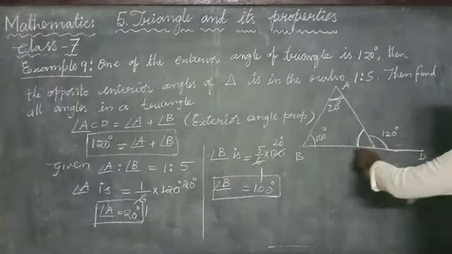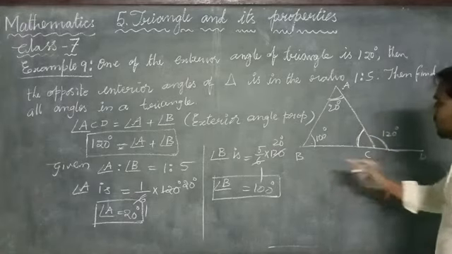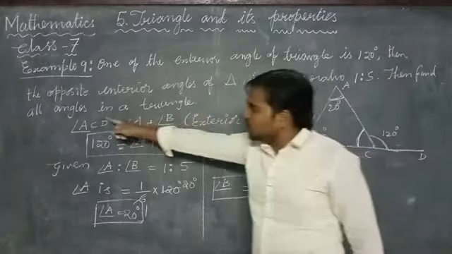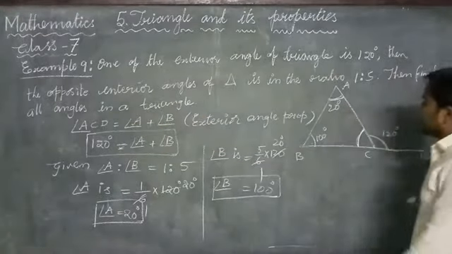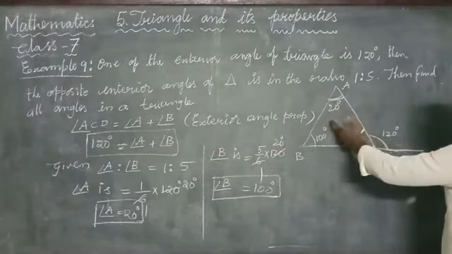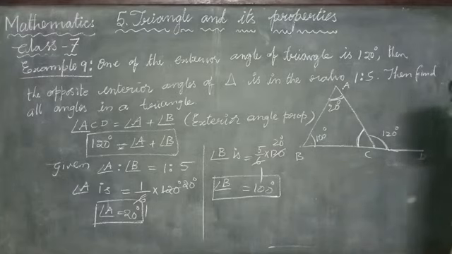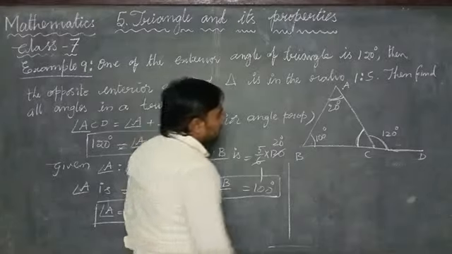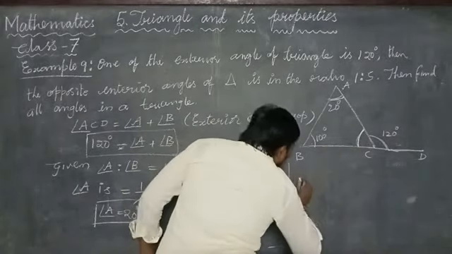And from that we have to find angle C. Here we have to find all angles in a triangle. We have just found two angles, angle A and angle B. So from the angle sum property of a triangle, we can find the other angle in a triangle.